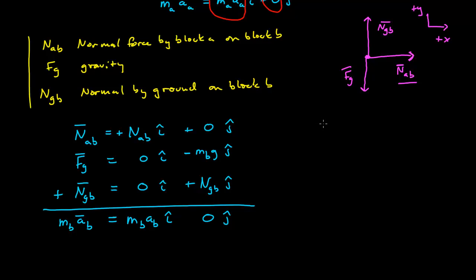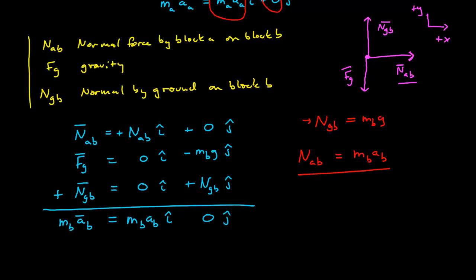So now we have two relationships, similar to the other one. The normal force of the ground on block B is equal to the mass of block B times gravity, which introduces another unknown, so that's probably not so useful in the end, as well as the normal force of A on B, which is equal to the mass of B times the acceleration of B.